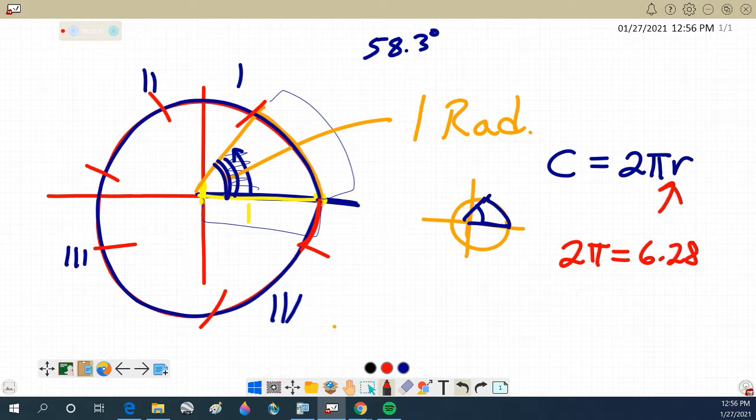Okay, which again is not a very nice number. 6.28 goes on forever, never repeats. It's twice as big as pi. Okay, so to make things easier on ourselves, we never use this number. We always use this number.